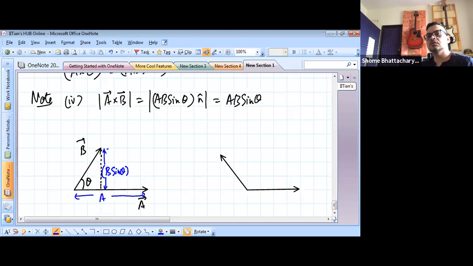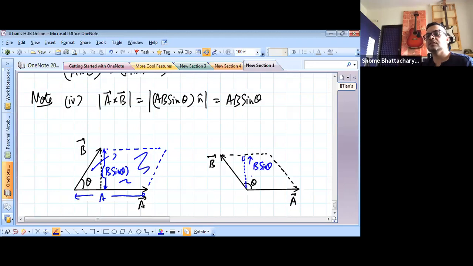In other words, if you look at the parallelogram formed by A and B, the area of this whole parallelogram is nothing but base into height. And similarly here also, if you look at this parallelogram formed by A and B, you'll see that B sine theta is nothing but this perpendicular distance.